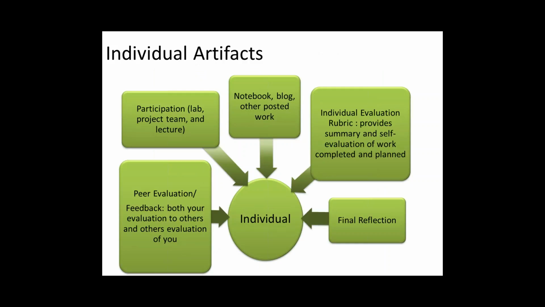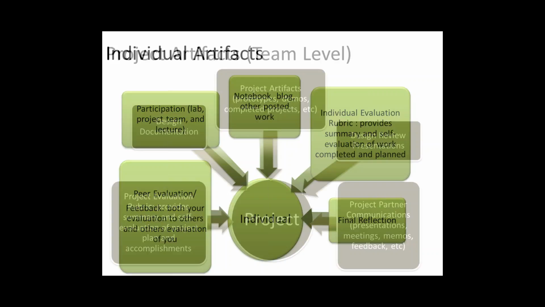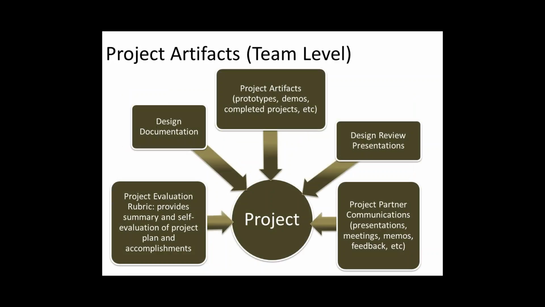And that's an important part of students being able to understand their own success or their own understandings, but also to be able to give good feedback to someone else. And then the project artifacts, they have their design documents, which are compiled from all of the parts of their project, and they have their prototypes, and then they have their gates, which are like design reviews, but not quite to the end of it.